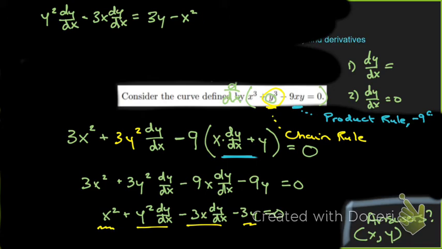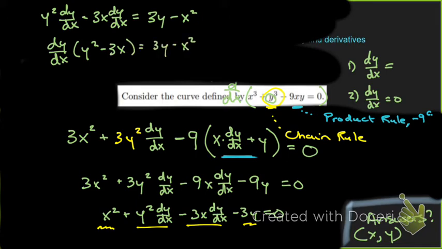All right, and then we still need to isolate dy dx. How can we isolate that there? You can factor out the dy dx. Yeah, let's do that. So let's factor out that dy dx, and we'll have y squared minus 3x equals 3y minus x squared.